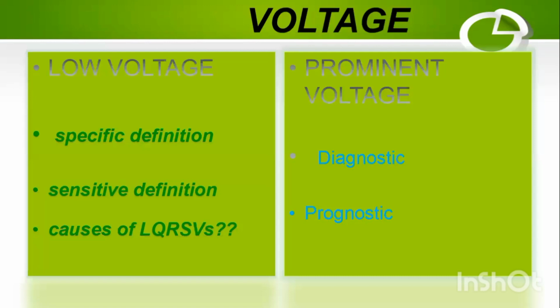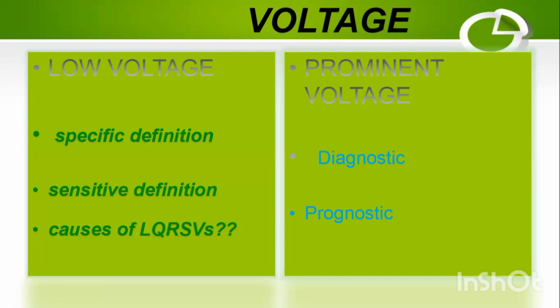Here we can speak about voltage. In voltage, just have a look at low voltage and predominant voltage or high voltage. In low voltage, the specific definition is that any limb lead voltage must be less than 1 large square.